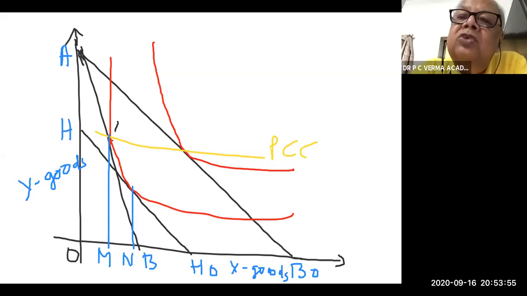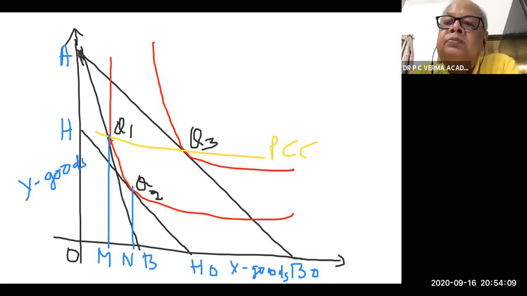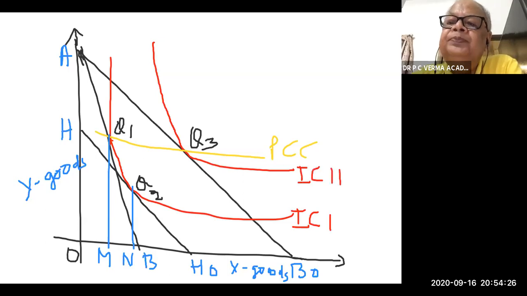The original point is Q1 and the final point is Q3. But this point is Q2. IC1, IC2.